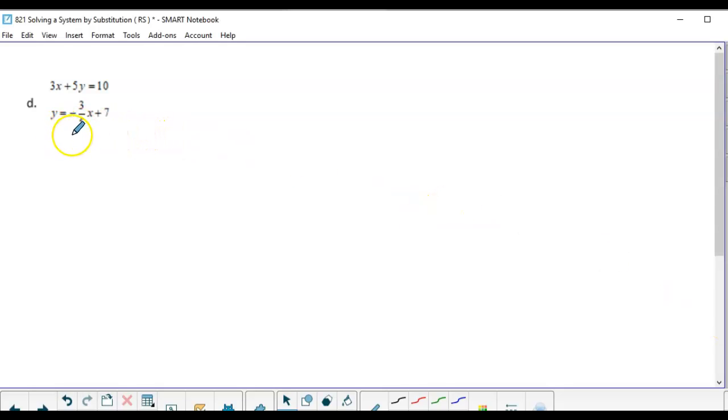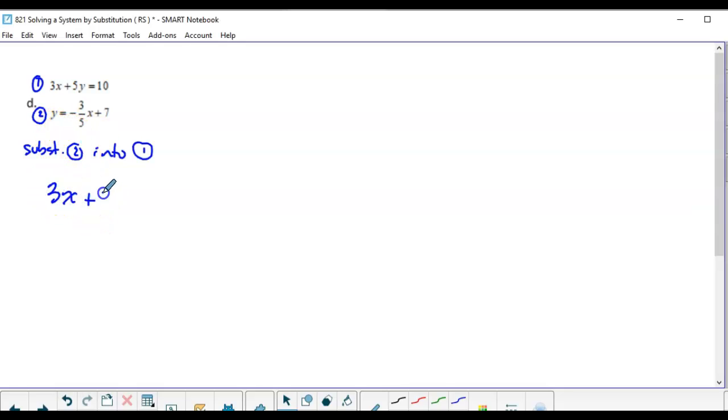Okay, next one. This one's already solved for y, so I would again take this equation and substitute it. So substitute 2 into 1. Now saying it's got a fraction, really, when we have a choice of what method, you might actually want to expand this back out and use elimination. But it's already solved for y.